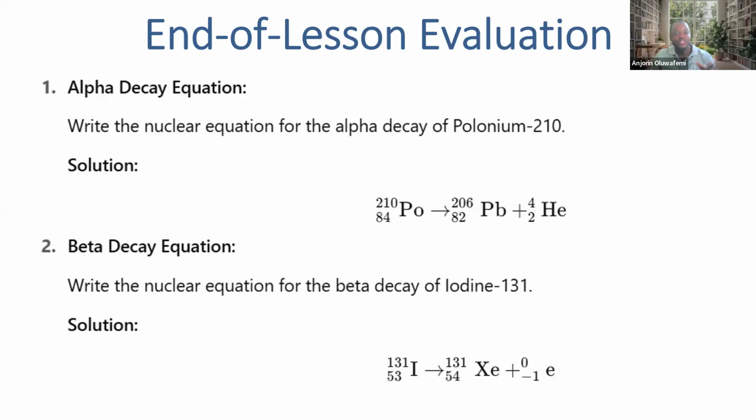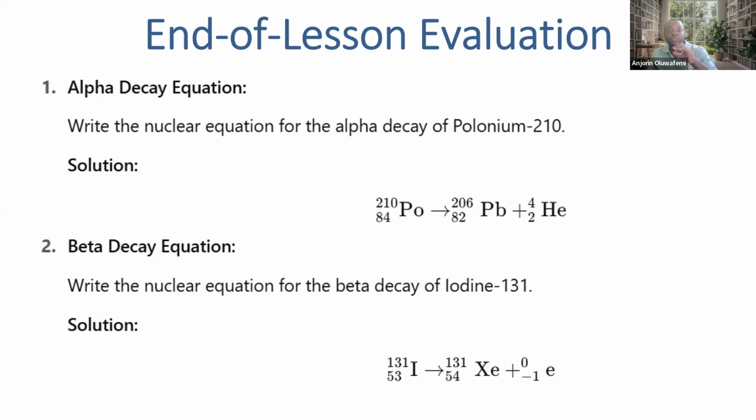Just put the answer in the comment section, and I will look through it and react appropriately. So for the alpha decay of polonium-210, there's a decrease in the mass number by 4 and a decrease in the atomic number by 2, and that gives us lead-206 with atomic number 82.